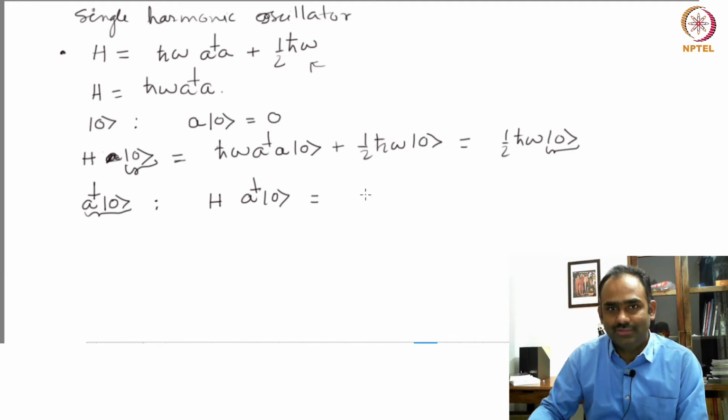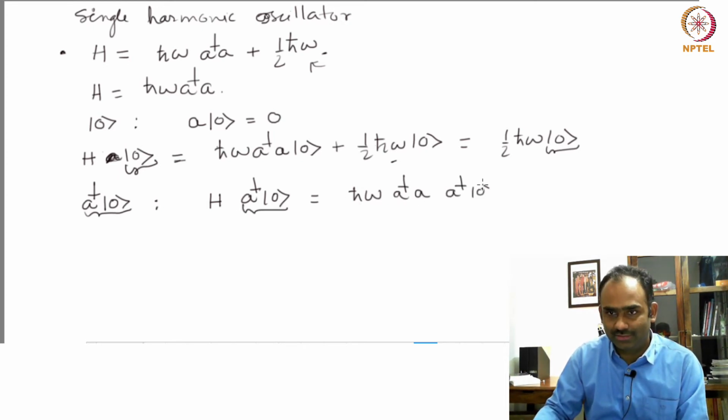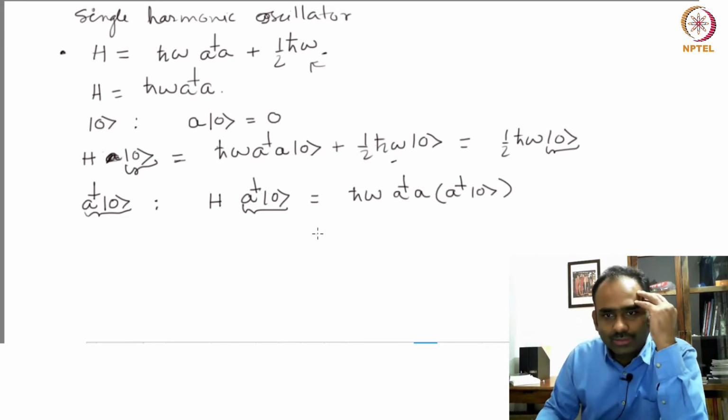So now I'm going to drop the half h bar omega term, I'm not going to carry it anymore. So you have h bar omega a dagger a, and then you have this piece a dagger ket 0. So what is this?